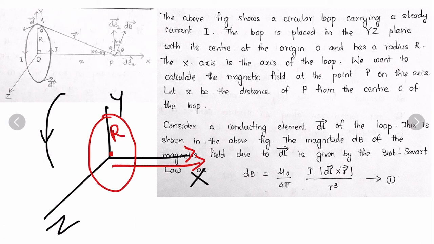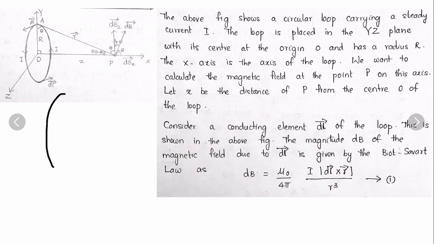Now instead of calculating for the whole loop at a time, first we will calculate for a small current element dl bar. We have taken on the top of this loop a small portion dl bar. First we will calculate the magnetic field because of dl bar at the point P, and then later we will integrate it to get it for the whole loop.